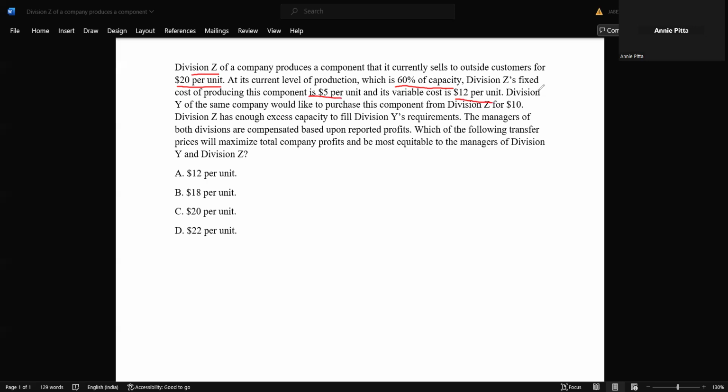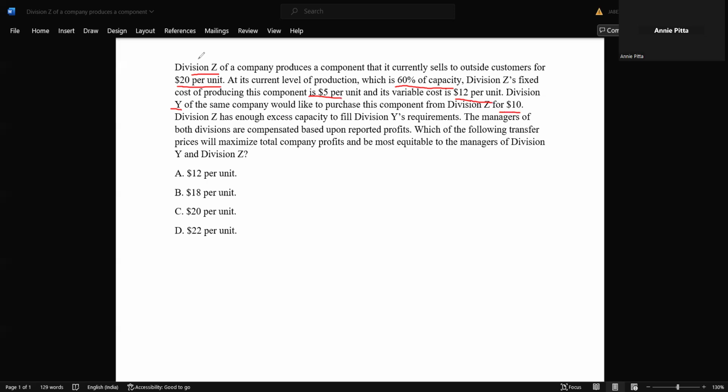Apart from that, the other information is that whatever product is produced by Division Z is now wanted by Division Y of the same company. So there's another internal department, Y, which wants this one, and they would like to purchase this component for $10.